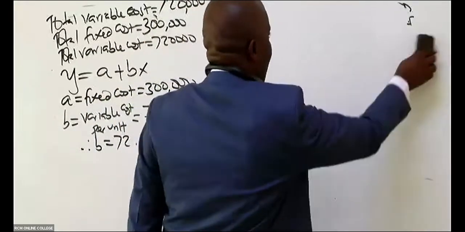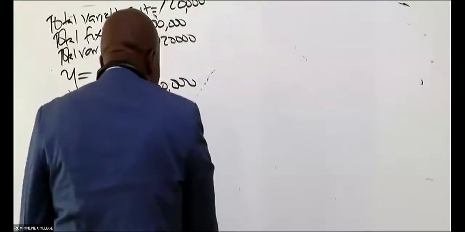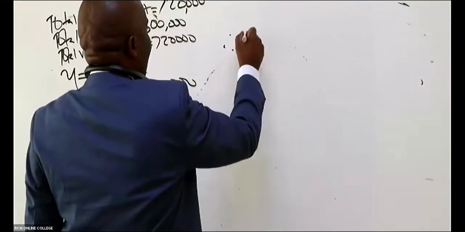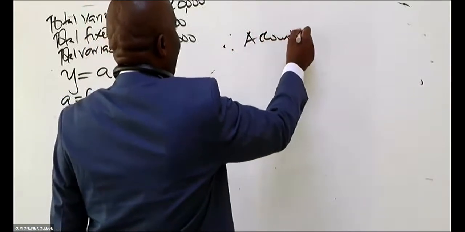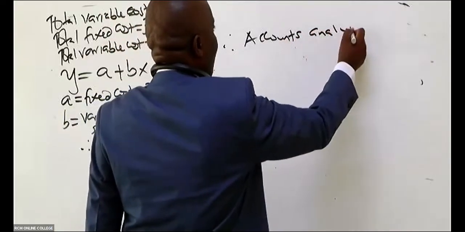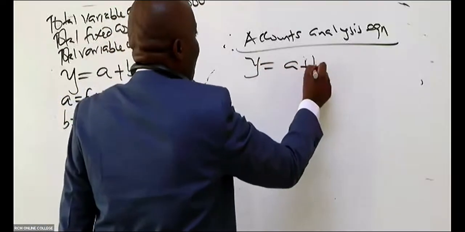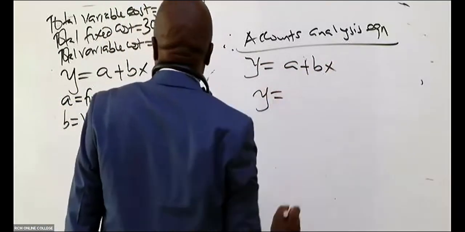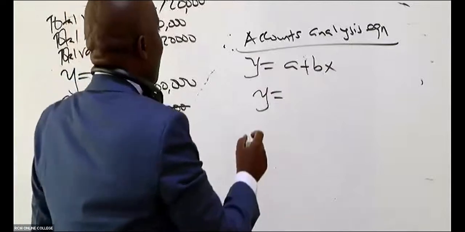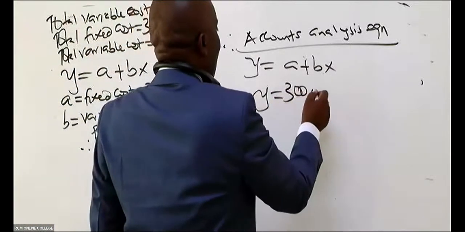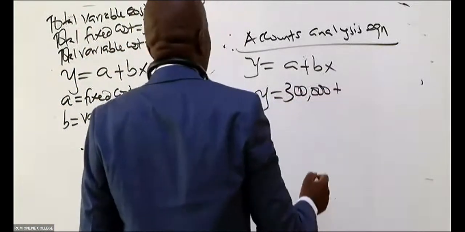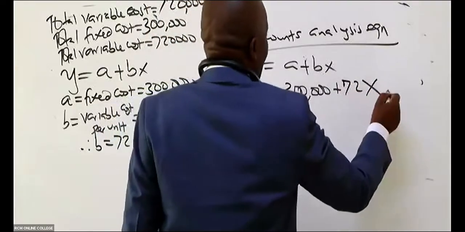And therefore, the accounts analysis equation, which is y equals a plus bx, will be y equals a, which is 300,000, plus b, which is 72, x like that.